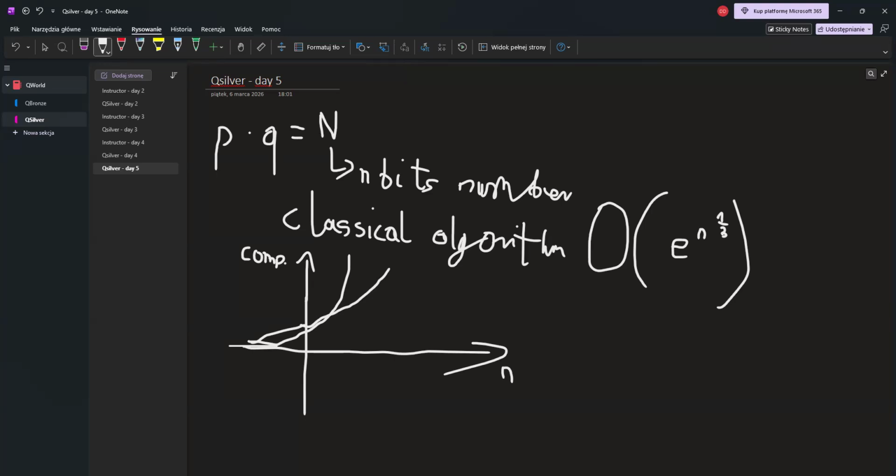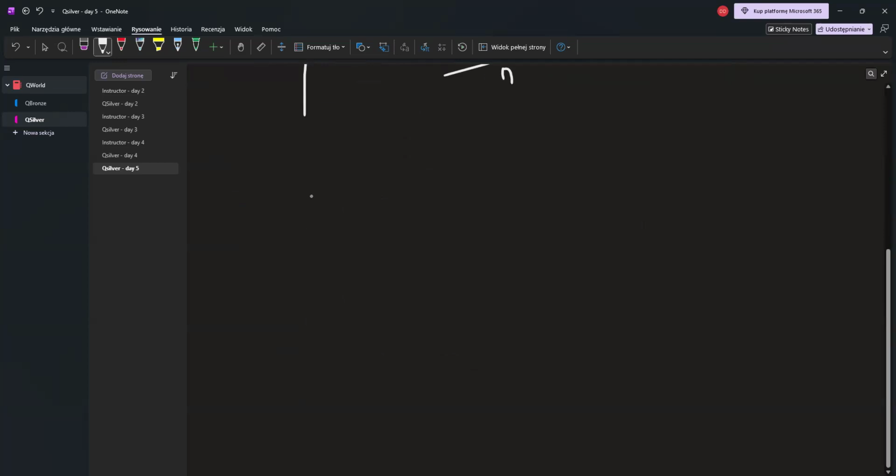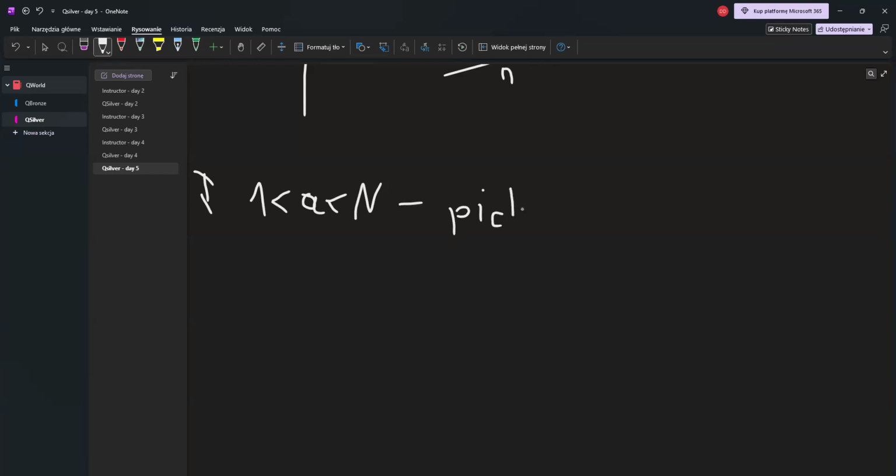So let's start the procedure for our Shor's algorithm. To find P and Q, first of all, we need to pick a number. Let's call it A, and it must be between 1 and this big N, which is our known information. So pick A randomly.